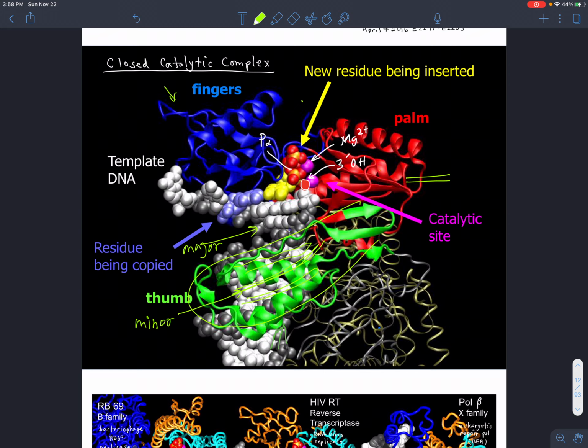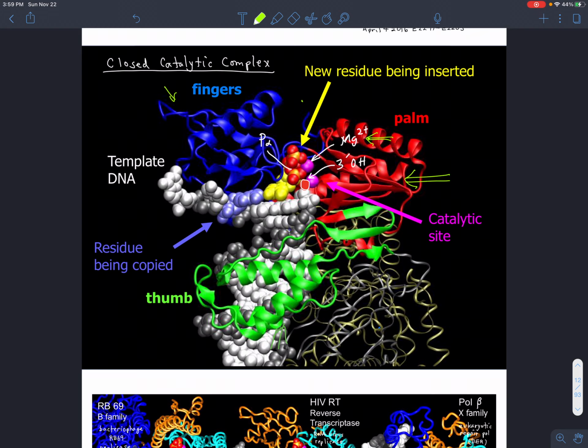Then there's the palm, and the palm doesn't play as dynamic a role as the thumb does. It also helps the polymerase stick to the DNA. But its major role, its most important thing, are these 2 magnesiums right here, those 2 pink guys. Those are magnesium 2+. They're doubly plus charged.